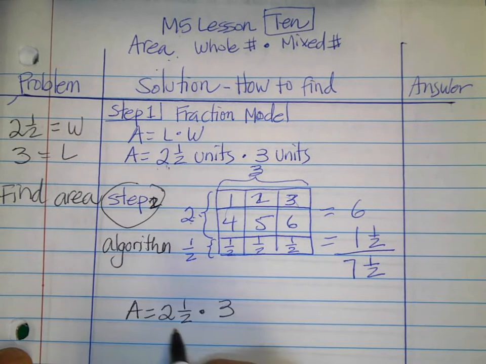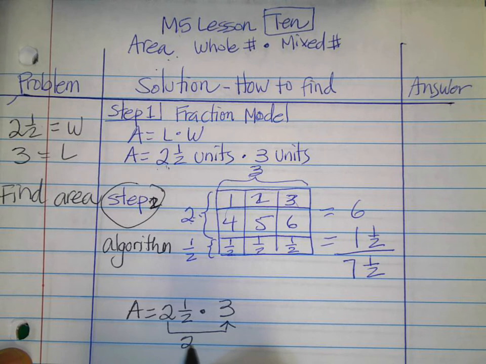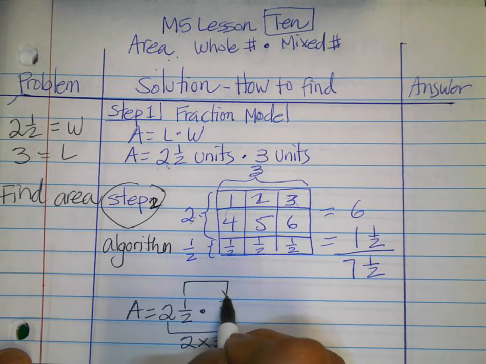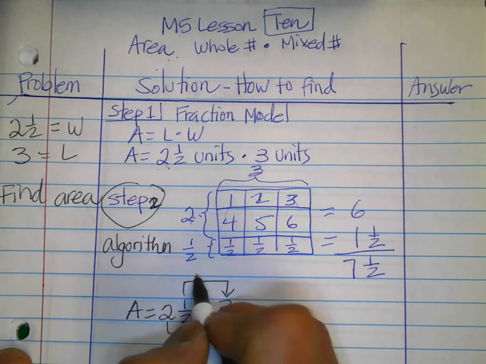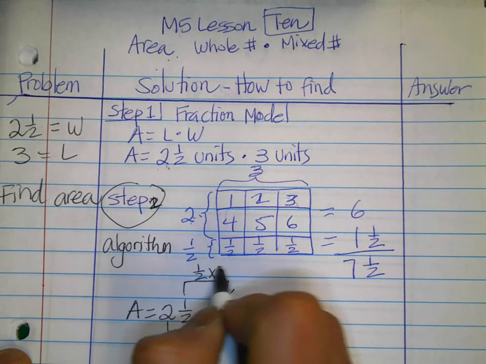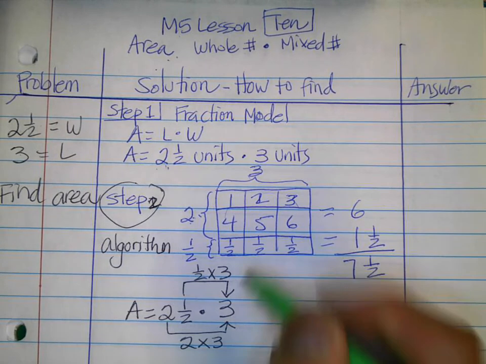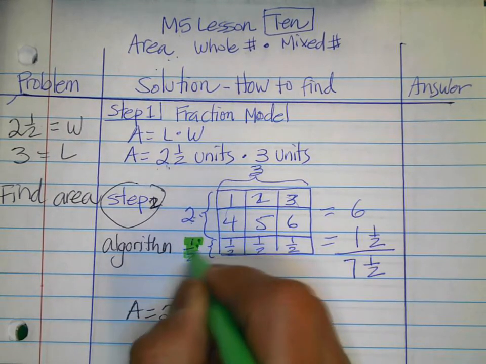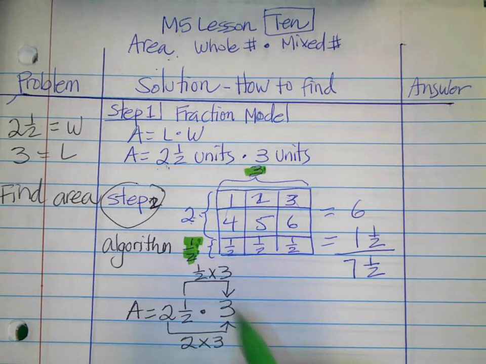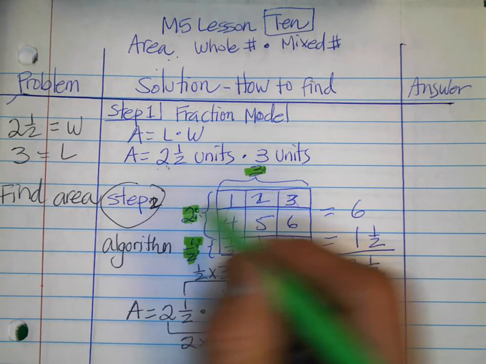So that means that 2 is going to multiply the 3, which is 2 times 3. And the 1/2 is multiplying that 3, which is 1/2 times 3. As you can see on our problem up here with the visual. So the visual right here, this is 1/2 times 3, and this is 2 times 3.